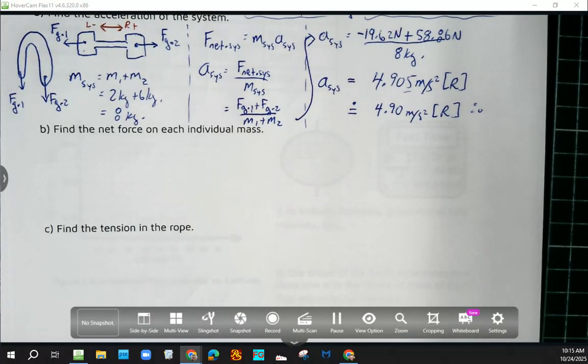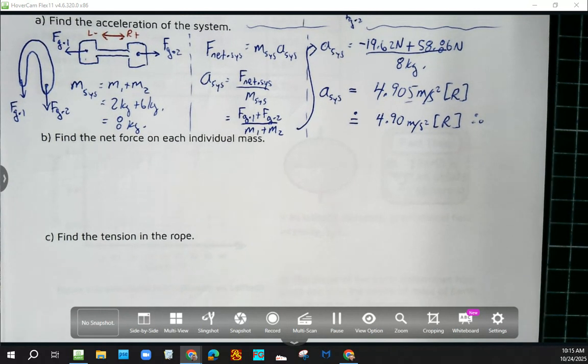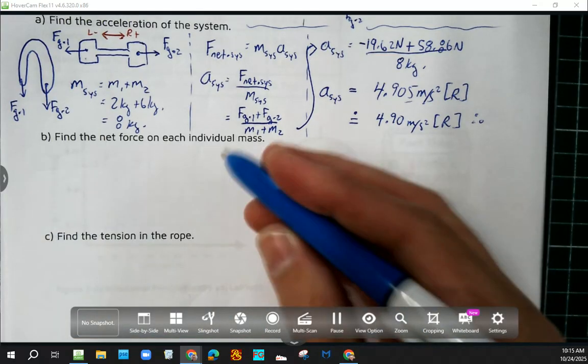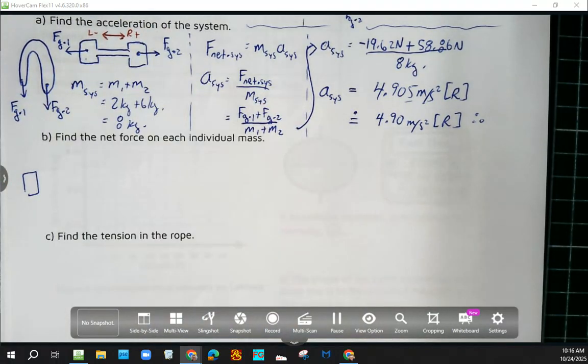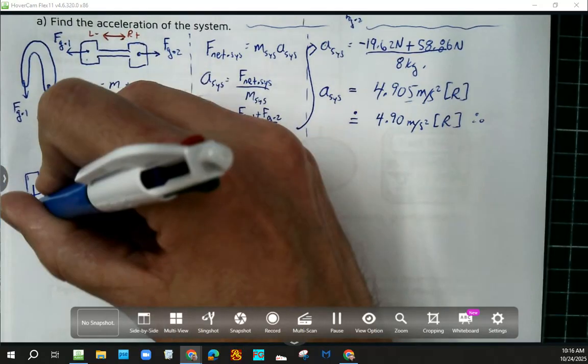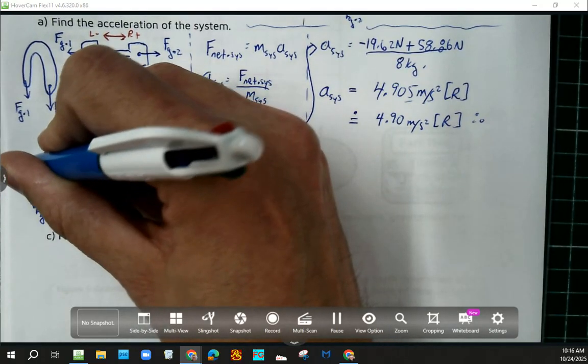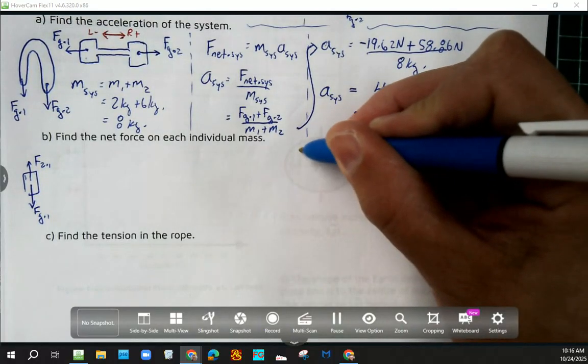All right, so B, it says find the net force on each individual mass. And actually, this is already sounding repetitive of the last problem that we did, because it is. What we said in the past was, if I want to find the net force on each individual mass, I could draw the free body diagram for each mass. So for object 1, it would be Fg1, force of 2 acting on 1. And I'll give myself a little divide down the middle line for layout.